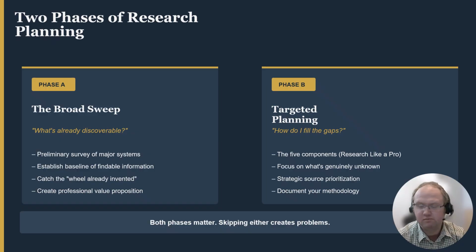Then Phase B is where targeted planning comes in. There are 5 components from Research Like a Pro, and you focus on what's generally unknown, you prioritize strategically, and then you document that methodology so that it's repeatable in the future. If you skip Phase A, you risk reinventing wheels, potentially hours, days, weeks, sometimes months on research already documented.